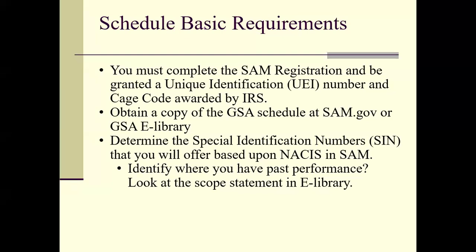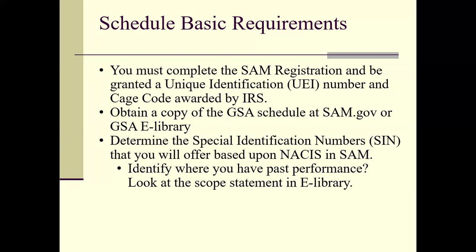So you can go through those pieces and you can select a major category. For example, you may select information technology services or information technology training. And you can then see all the SINs and all the numbers, and you'll also get a chance to see the scope of the information that's out there regarding that particular piece. So you can say, does the work that I do meet what the GSA is looking for?